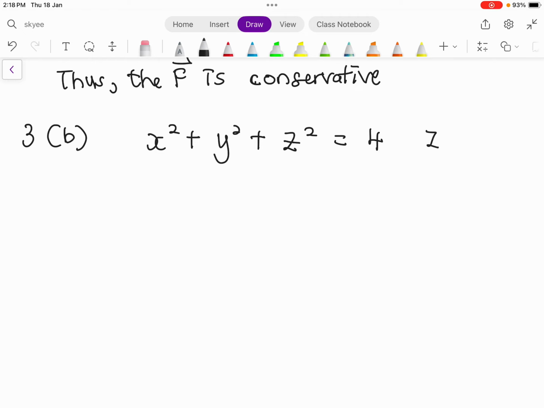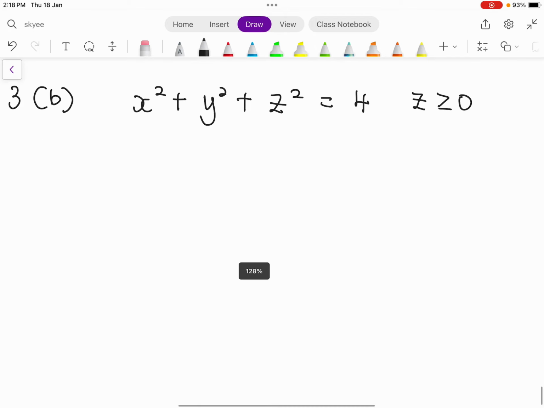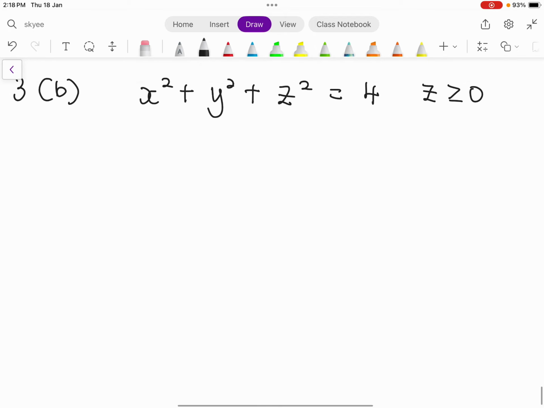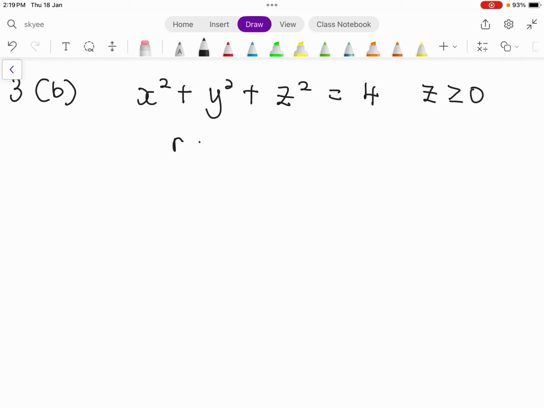And here it is mentioned that z is greater than 0, so it refers to the upper hemisphere. So you can start plotting the hemisphere. You can write down first that the radius is equal to 2.